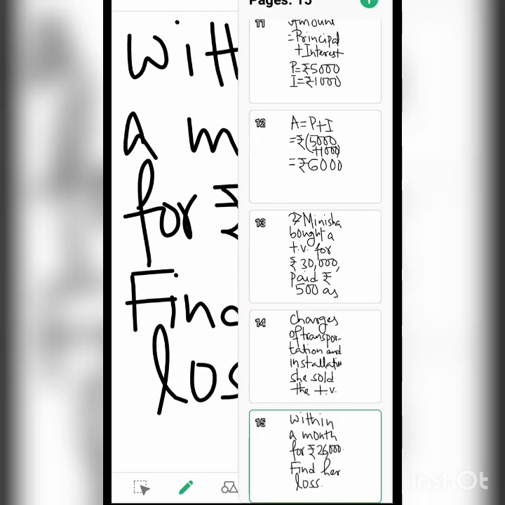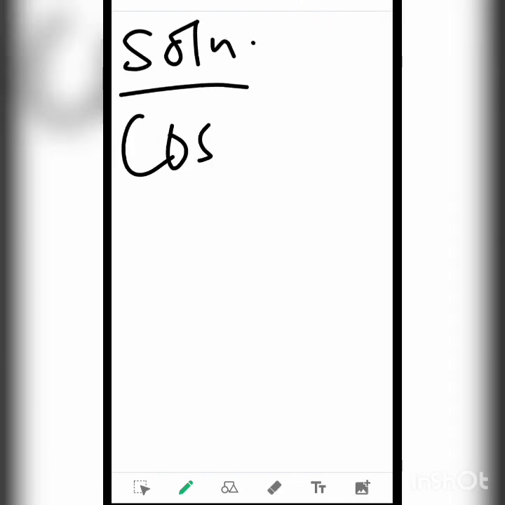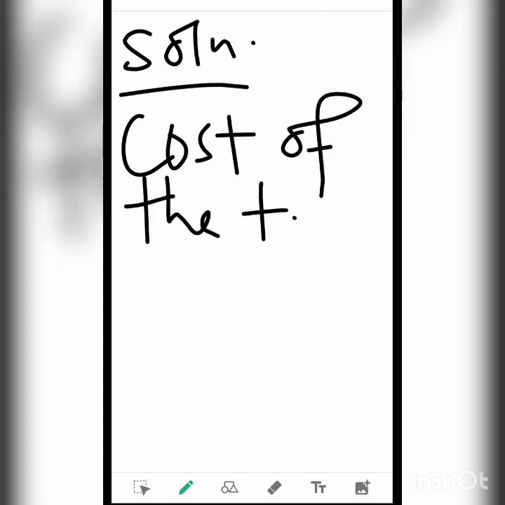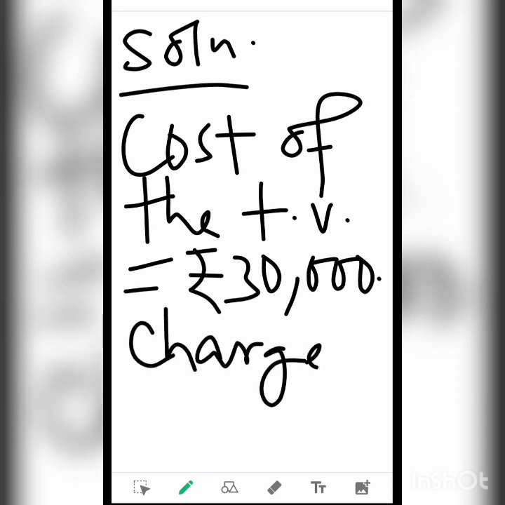So first of all, we'll find out the cost price. So begin our solution. Cost of the TV is rupees 30,000. Then we'll write charges paid equals rupees 500.